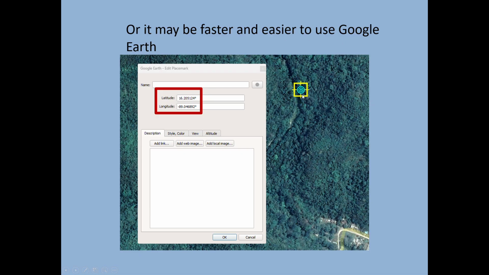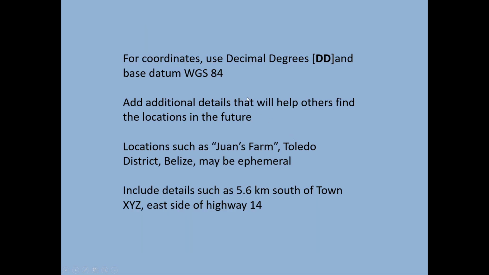Figure out where you were, put a marker on it, and there you have your coordinates to add to your metadata. For coordinates, we use decimal degrees with the base datum of WGS84. In addition to the details that help others find the locations in the future, if you have the coordinates in there, it'll always point to exactly where it was.